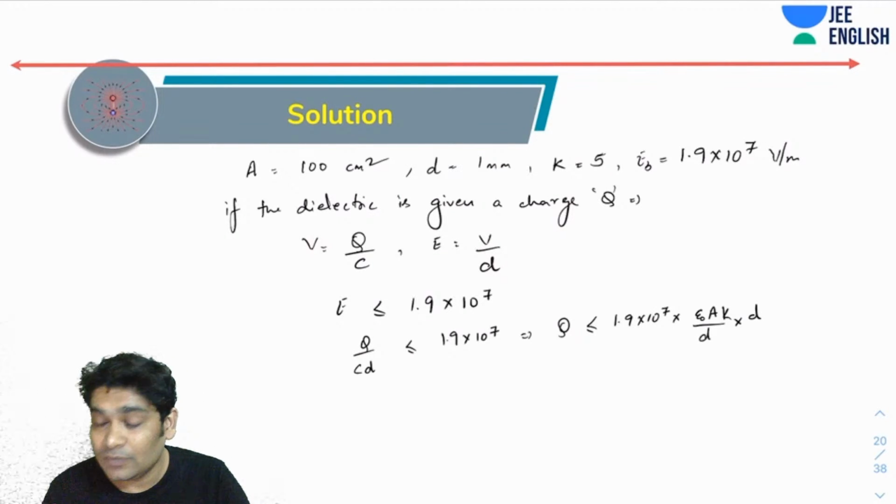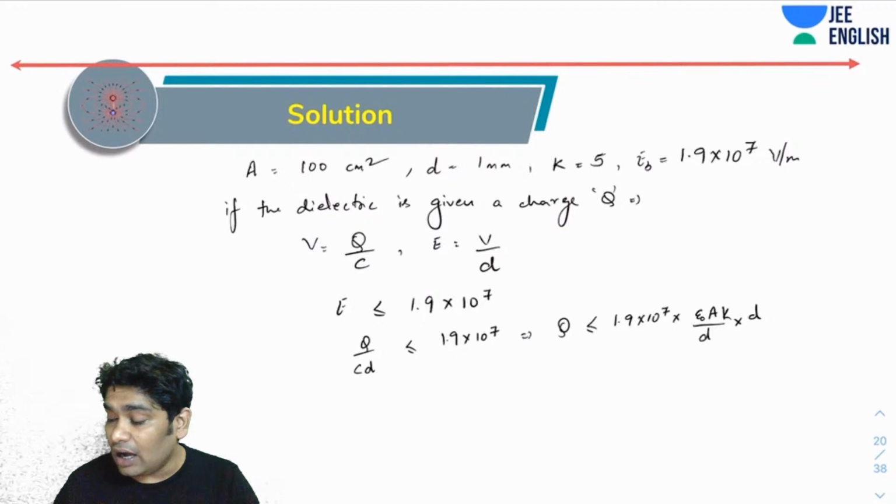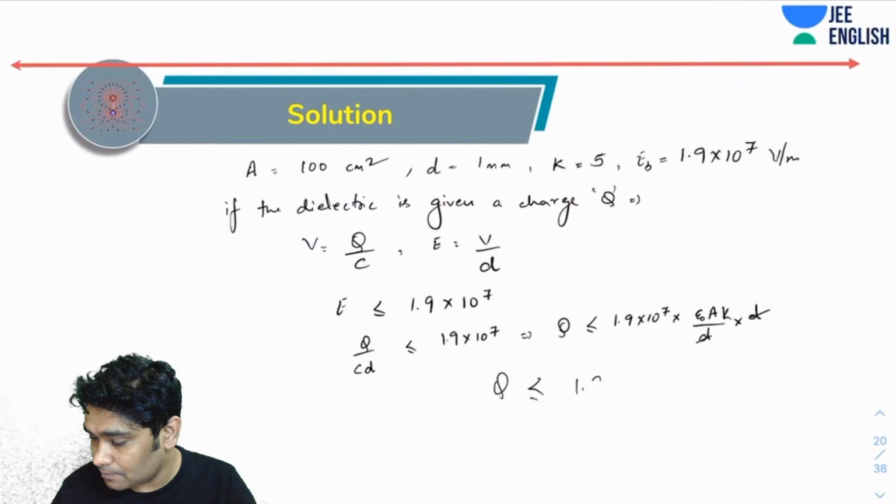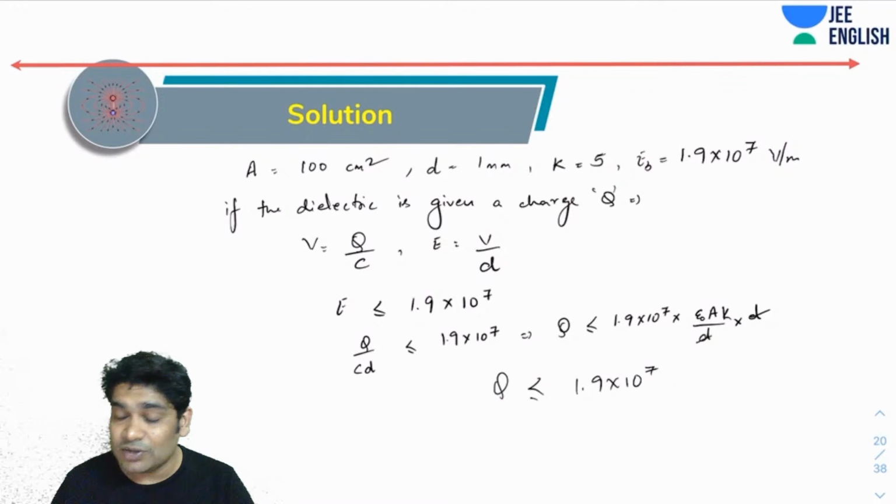Alright. So this is how you will go about solving the problem. Now it's nothing, you substitute these values and you'll get your answer. All you need to do is substitute these values. So what you can do is multiply and divide by 4 pi.